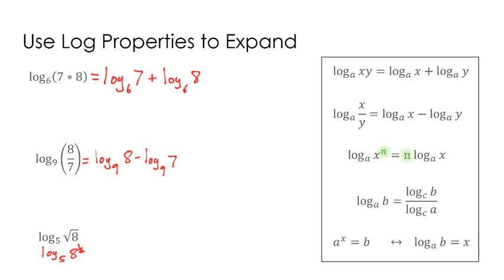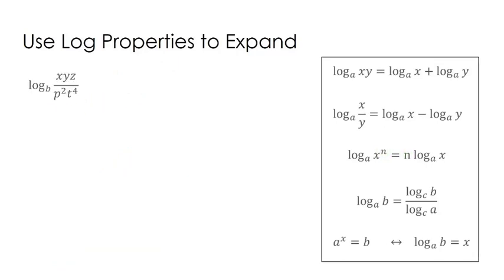So that's a pretty easy rewrite. I'm just going to rewrite as 1/2 log base 5 of 8. Okay? So all we're doing is practicing writing each of these logs in an equivalent form, doing a process we call expansion. We're expanding the log because we're making it bigger.